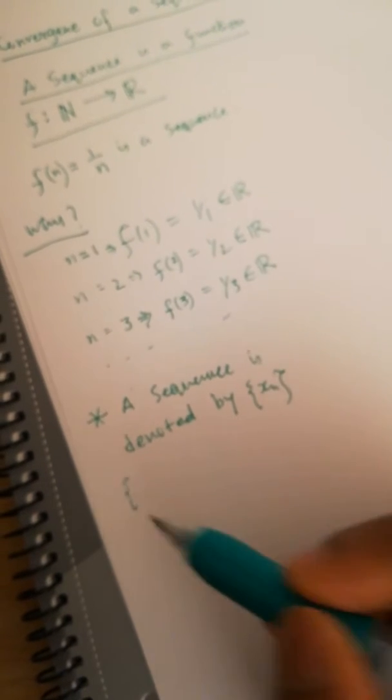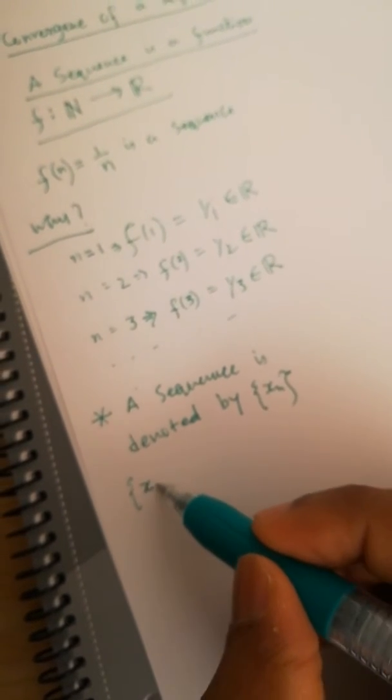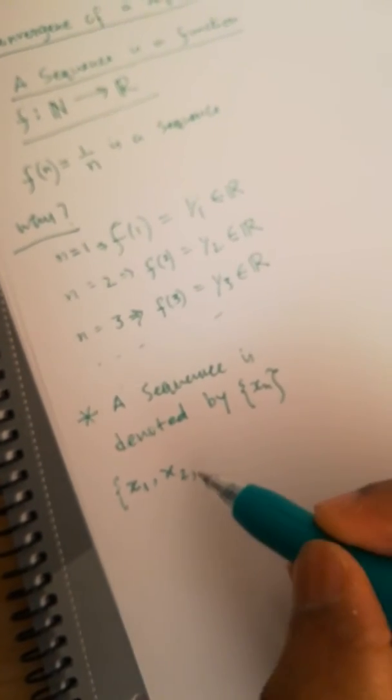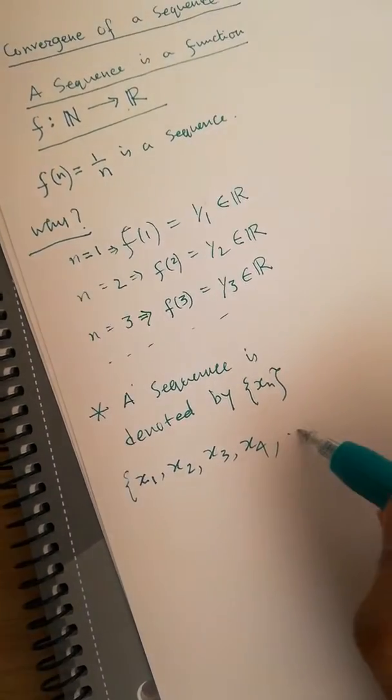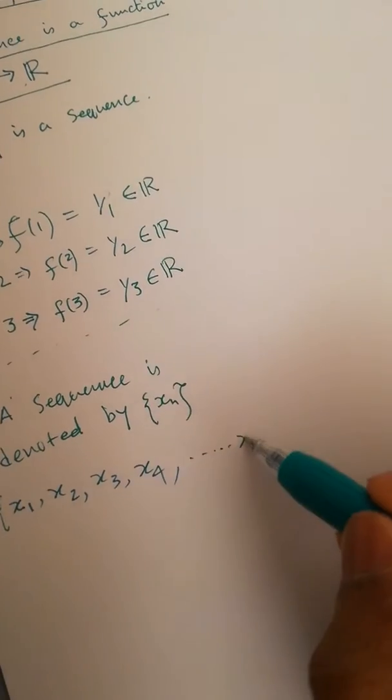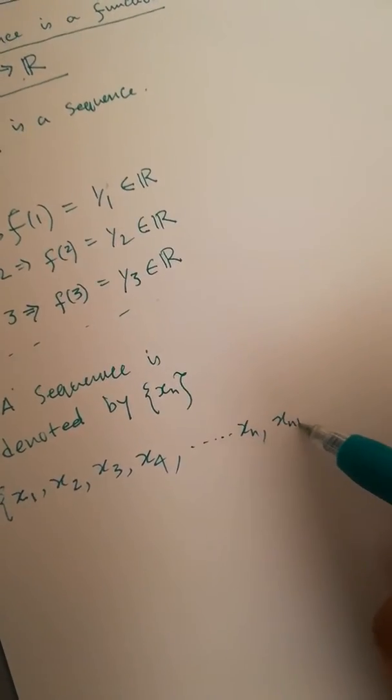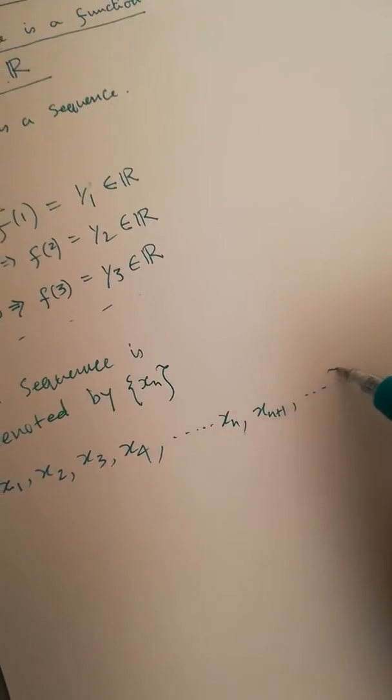So the terms of the sequence look like x1, x2, x3, x4, dot dot dot, xn, xn plus 1, dot dot dot.